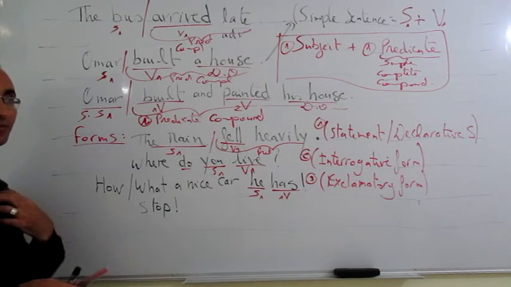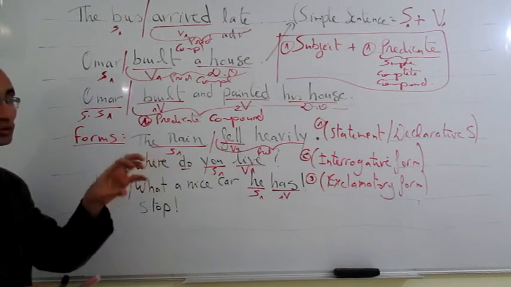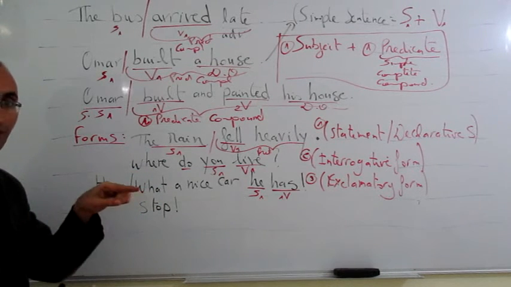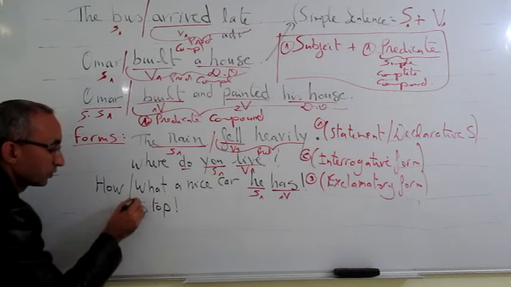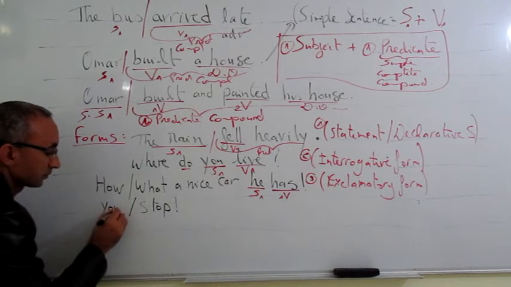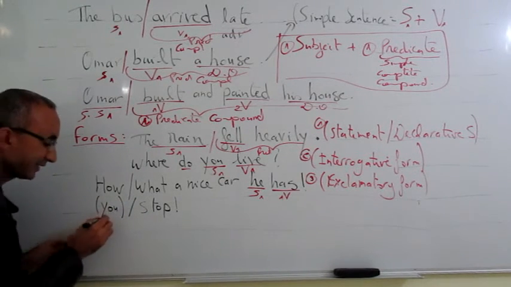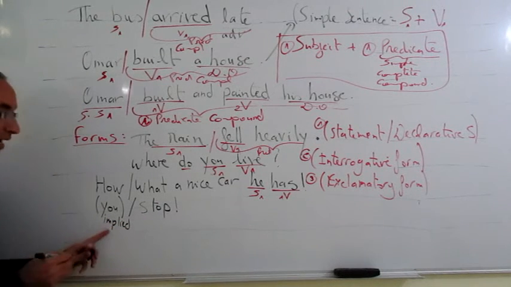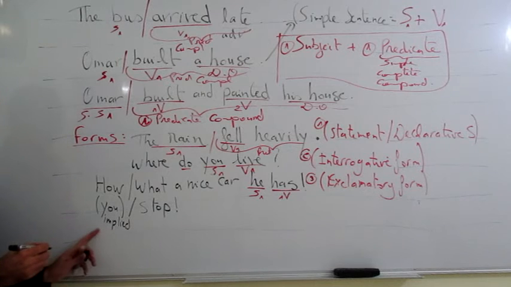Now here, am I talking to myself or to someone? To someone. So I am addressing him: you. It means you stop. So this subject is hidden or implied.